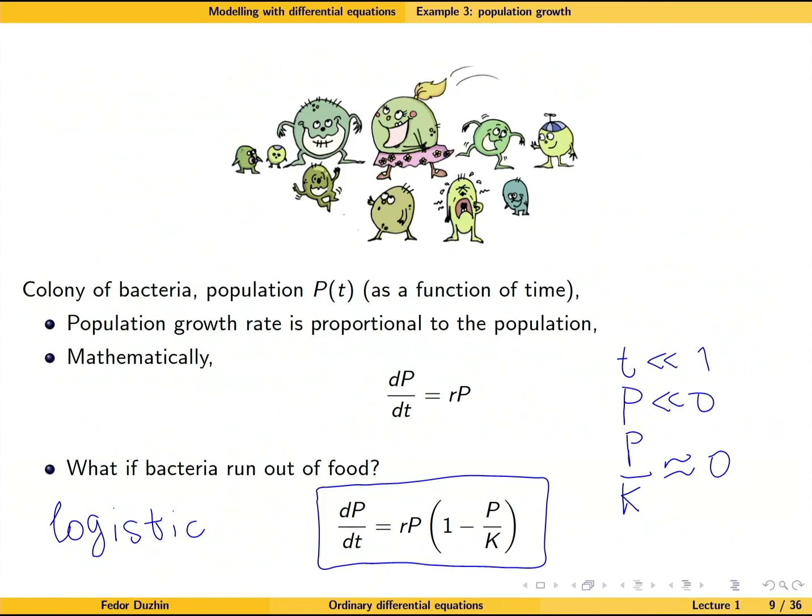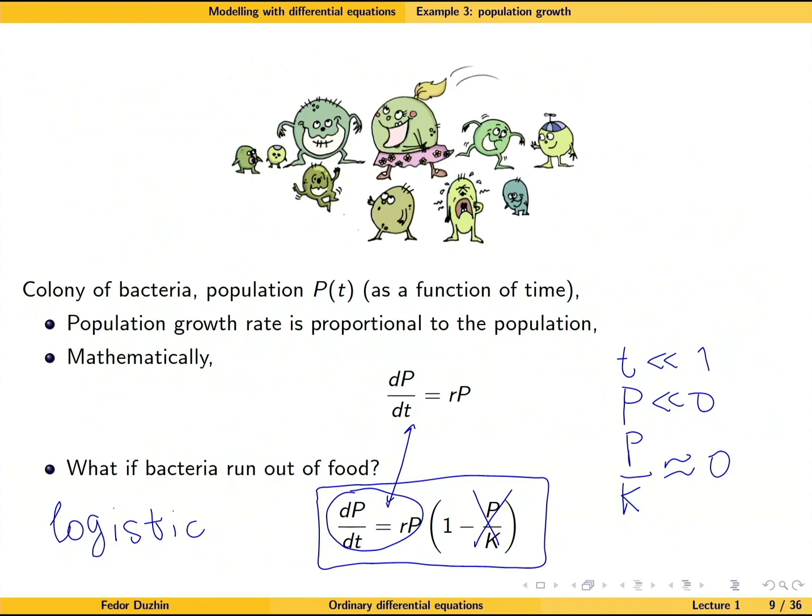And if P over K is almost 0, it means that we don't have this term, and the remaining part is just this: dP/dt equals rP, which is the same as the equation before.